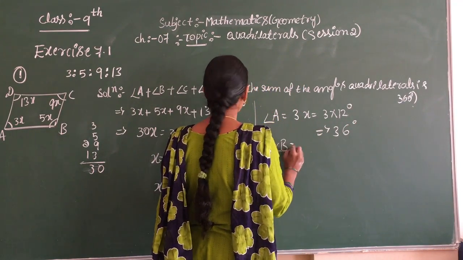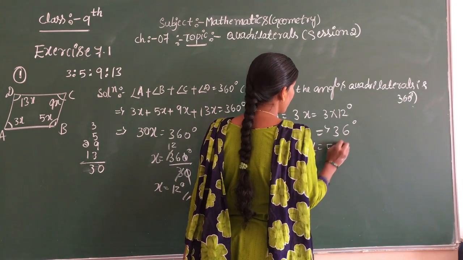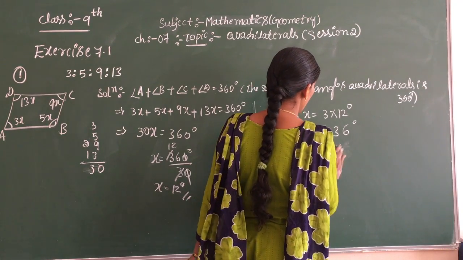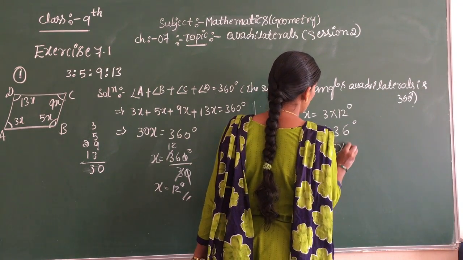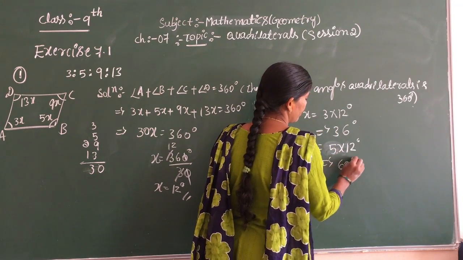Angle B is 5x, which is 5 into 12 degrees, so 12 fives are 60.